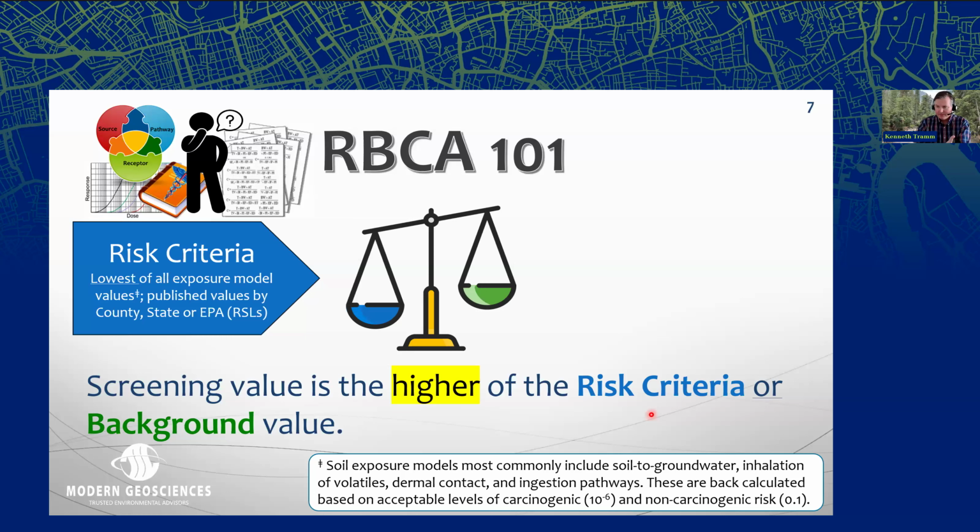So if I looked at a scale and I want to say which one's going to drive my risk program going forward, or maybe a screening level, let's say, on one side, I've got risk criteria, which represents usually the lowest of all calculated values. In this case, it could be something by a county, a state, or the EPA itself in those regional screening levels we talked about. And that'll be based on the risk criteria that's acceptable to them.